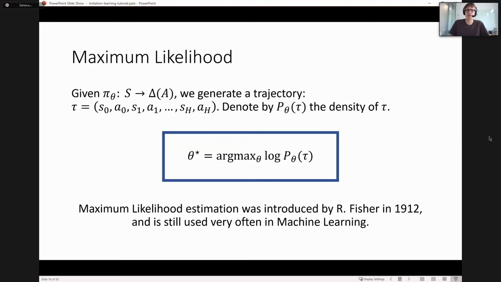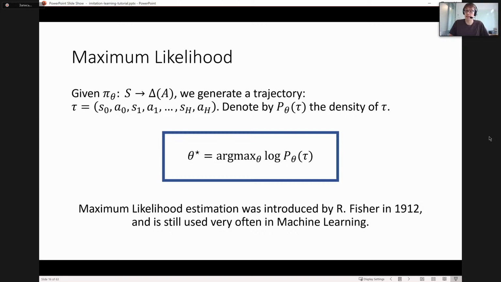A trajectory is a random variable, because both my policy and my environment are stochastic. This random variable has a density, and I can use this density to define a likelihood. Now the idea of behavioral cloning is really very simple. I'm going to look at the probability of seeing that trajectory, and I'm going to find a policy which maximizes that probability.